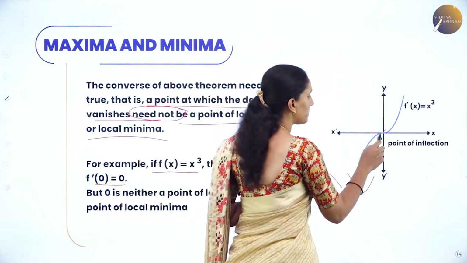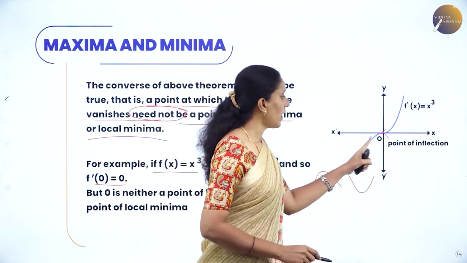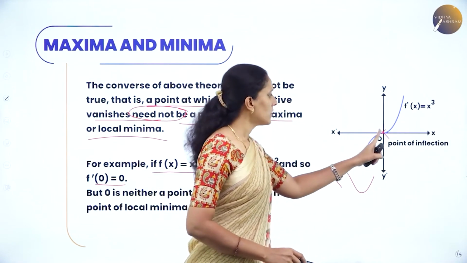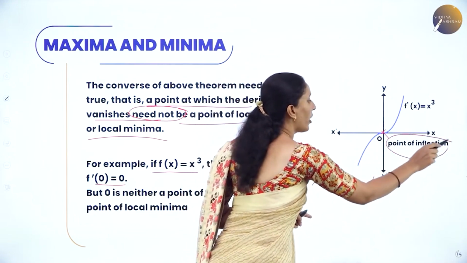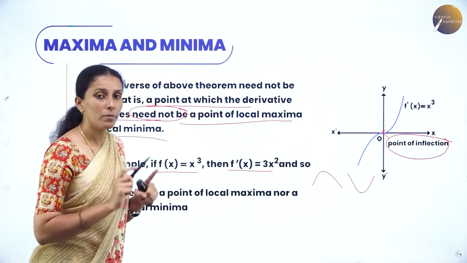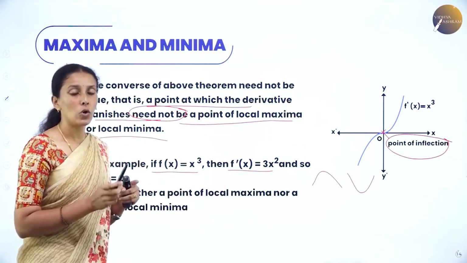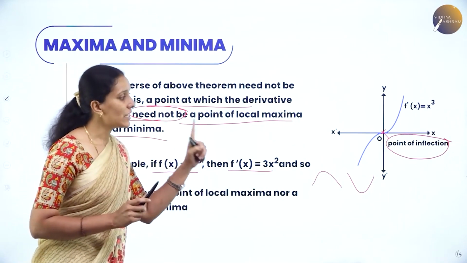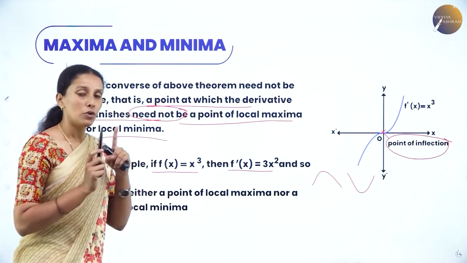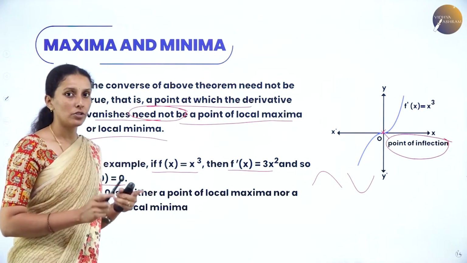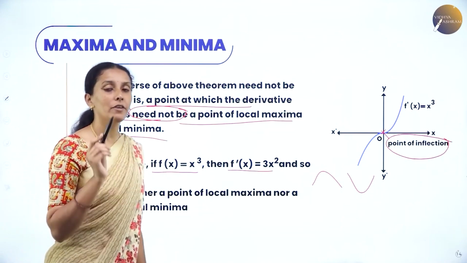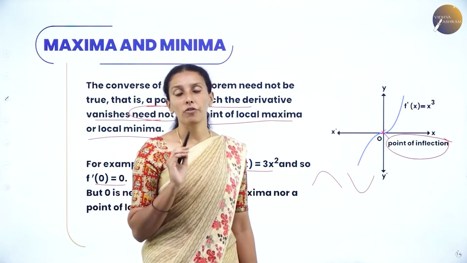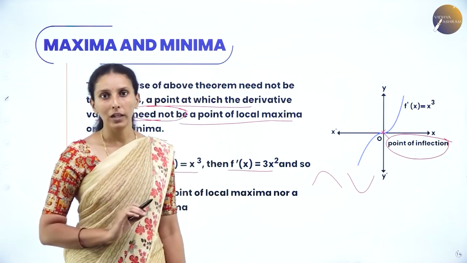But here it is just an increasing function clearly, so it doesn't change its sign. Thus, we call this point a point of inflection. It is not a local minima or local maxima. It is just a point of inflection. So there exists a point of inflection where the derivative can become 0, and the derivatives are 0 even at the point of local maxima or local minima.